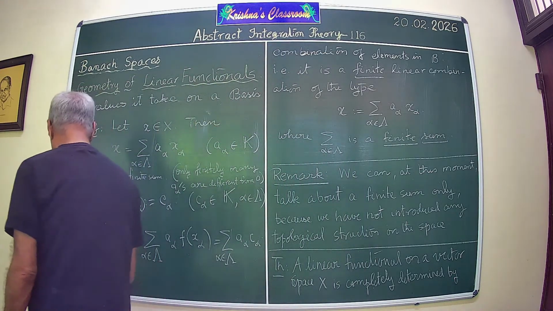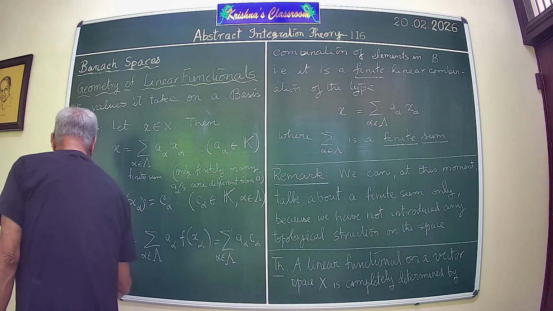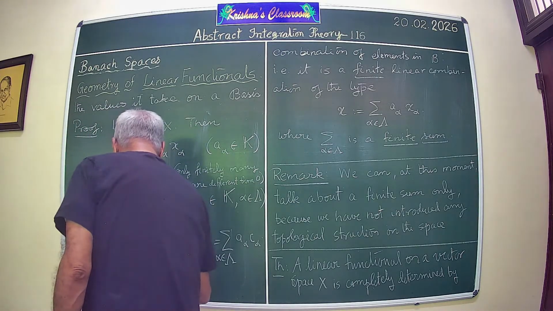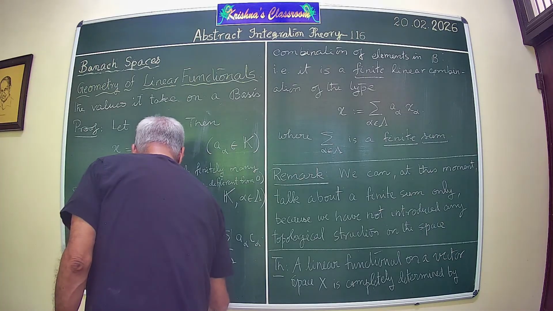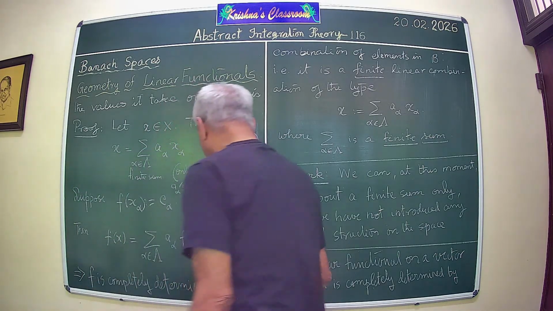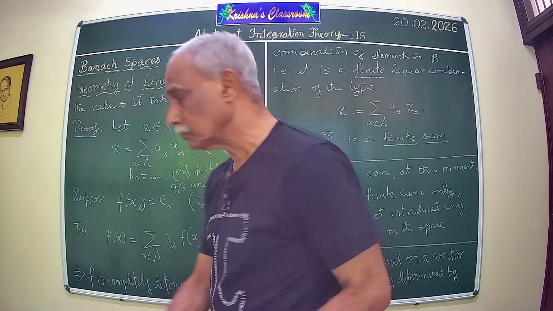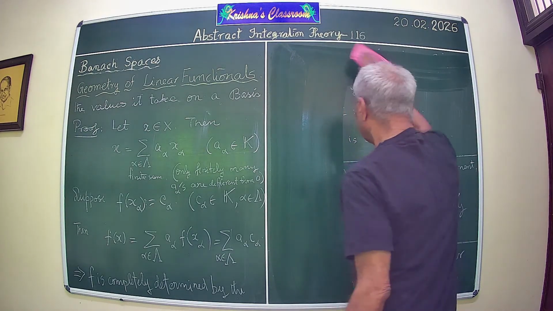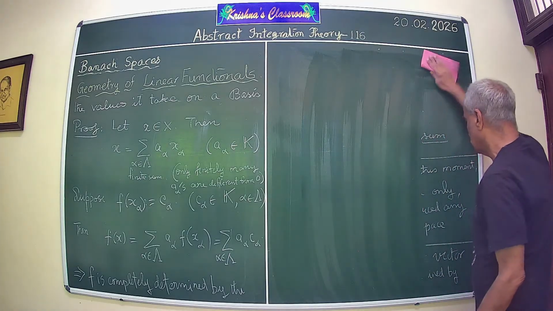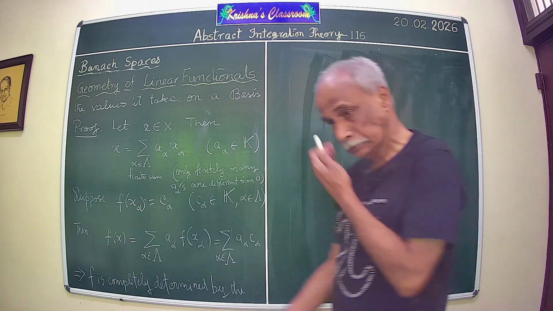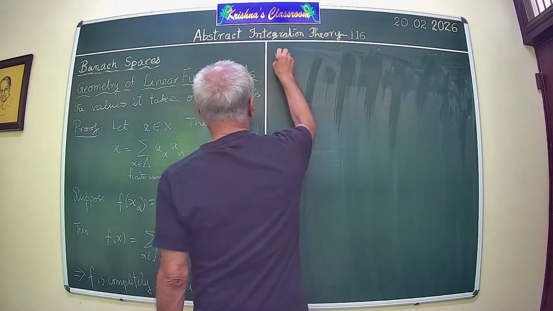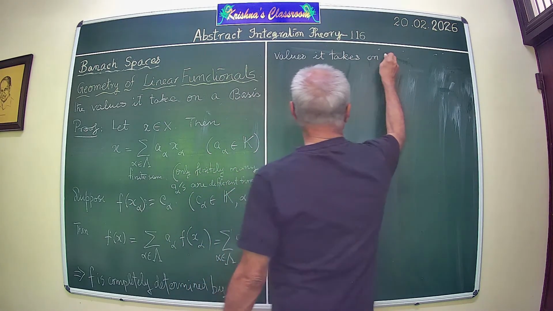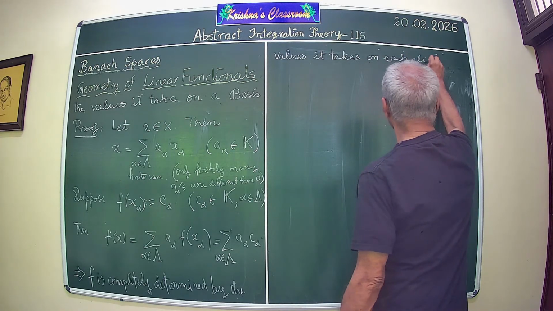Okay, this proves that the linear functional is determined by the values on each element of the basis.